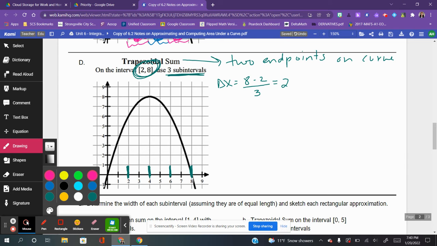And when I go to draw these trapezoids, I'm going to draw it so that each endpoint or each corner of my trapezoid is on the curve. So I'm actually drawing up both sides here at the 2 and at the 4 so that I'm touching my curve at both sides. And then what I do is I draw a line connecting them, and now I have a trapezoid, right?